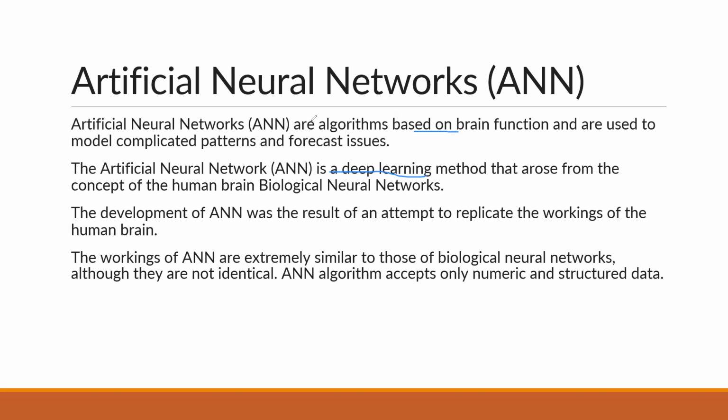These are complicated networks, and the neural network is used for solving deep learning problems. In the third point, we can see the development of artificial neural networks was a result of an attempt to replicate the working of the human brain. So the structure is also inspired from the biological neural networks.